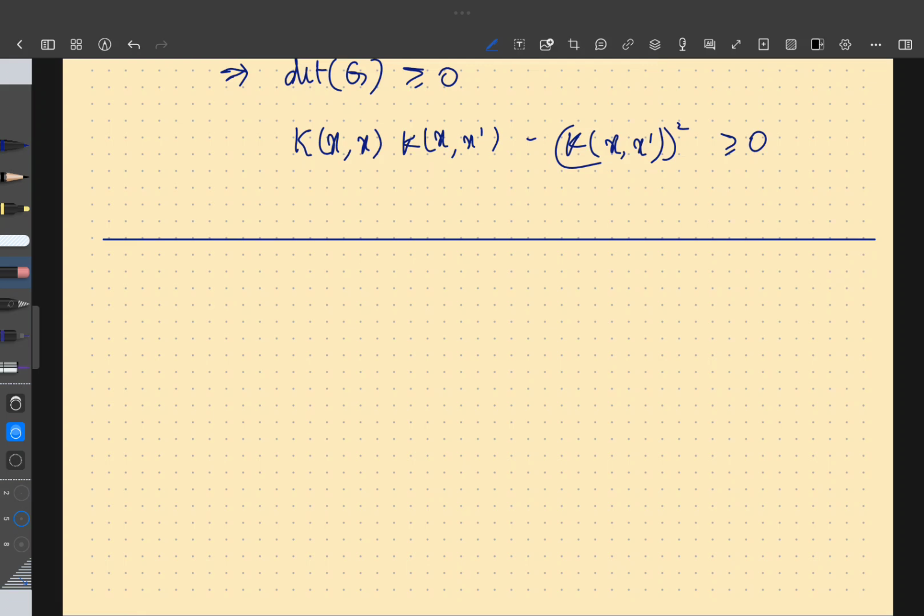So we've defined one thing: if there is a kernel which is PDS, then there exists a high dimensional feature space, which is going to be a Hilbert space, in which the kernel evaluation corresponds to the inner product between the embeddings.